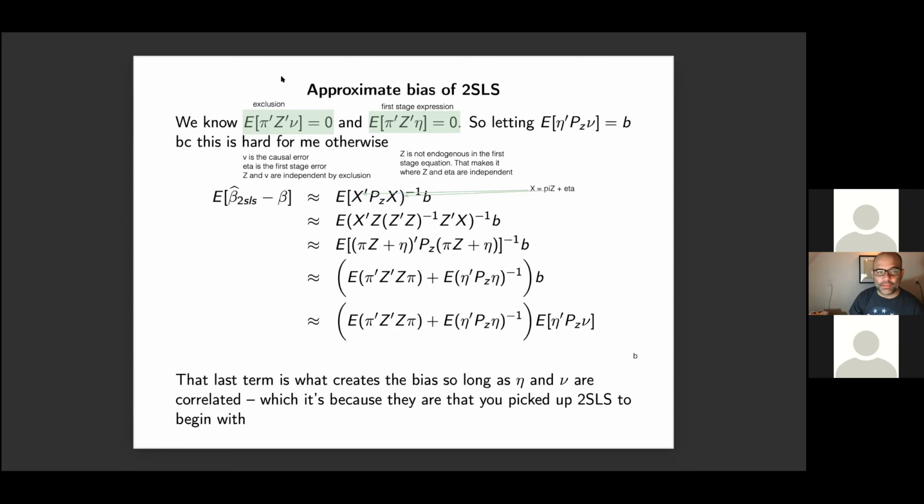Okay, that's going to give us expectation of pi Z plus eta prime, PZ, pi Z plus eta, inverse B. So when I did that right there, this became this, and this is irrelevant.